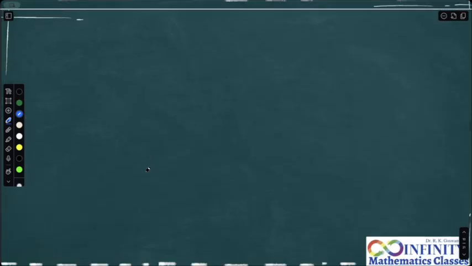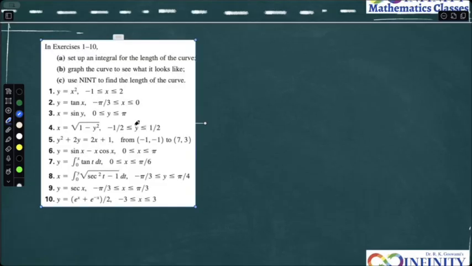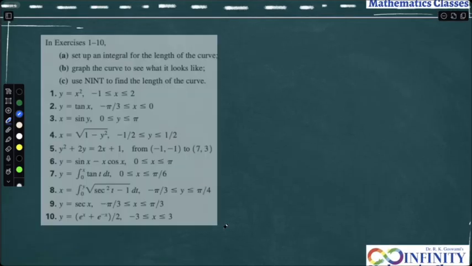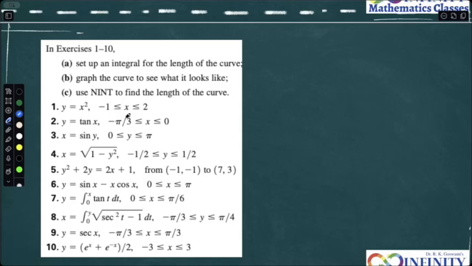So now we have some set of questions from 1 to 10 in the exercise. These are simple tasks for you. You can use exact calculation if it is possible, or you can use a calculator to get the expression.